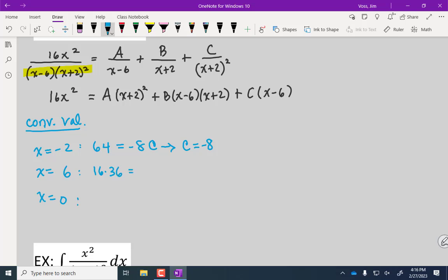On the right, 6 is going to make that one 0 and that one 0. And when we plug it in here, we're going to get 8 squared, which is 64, times a. Well, 16 goes into 16 once, goes into 64 4 times. Divide by 4, and we get that a is equal to 9.